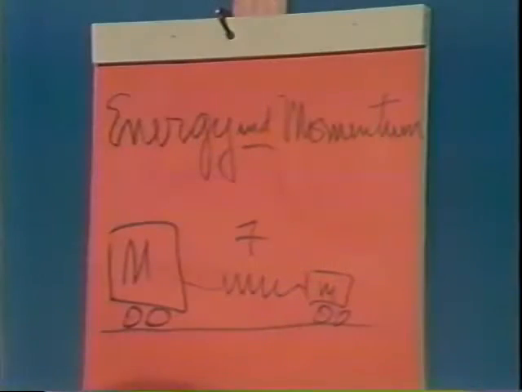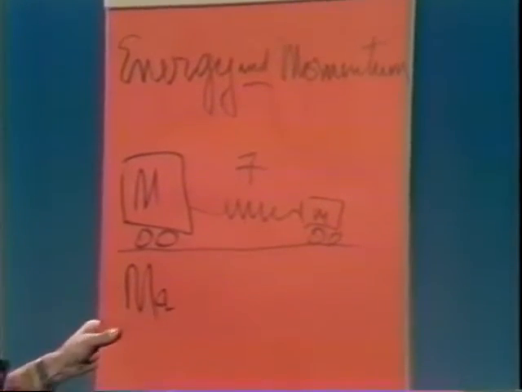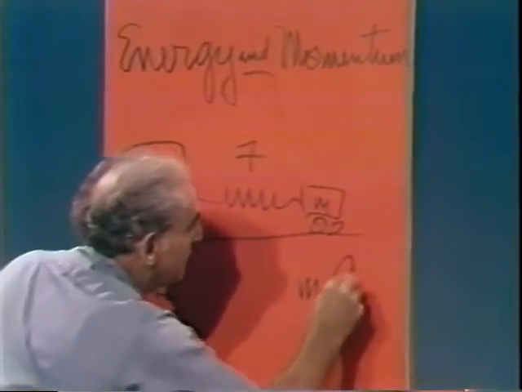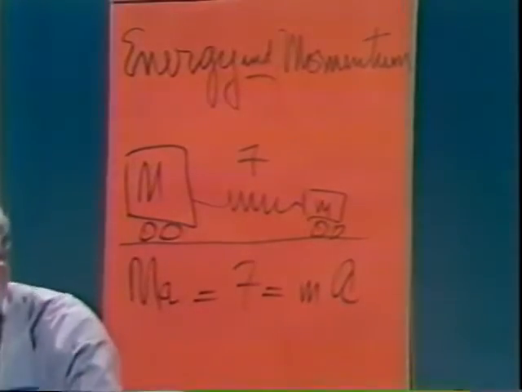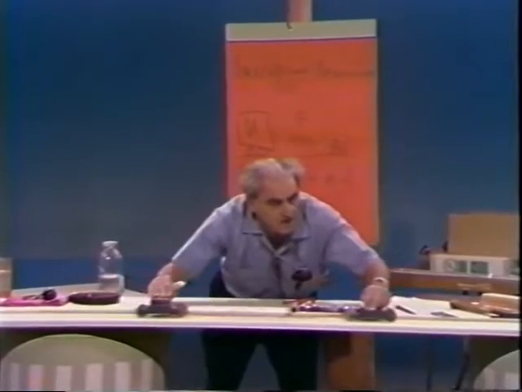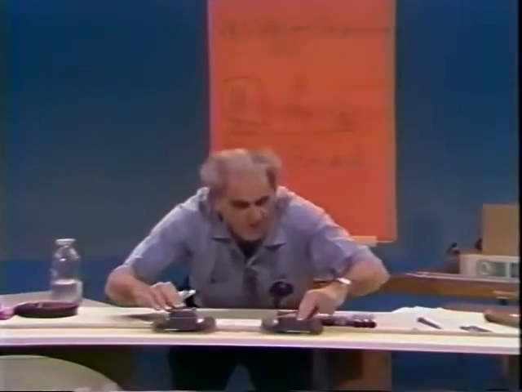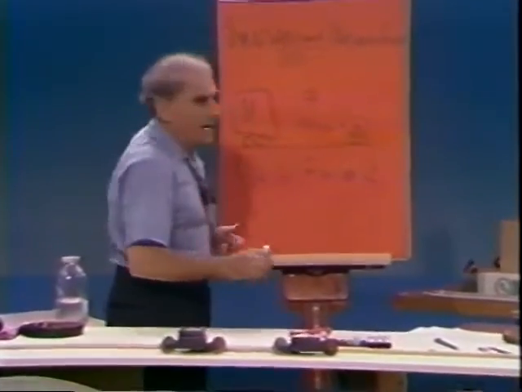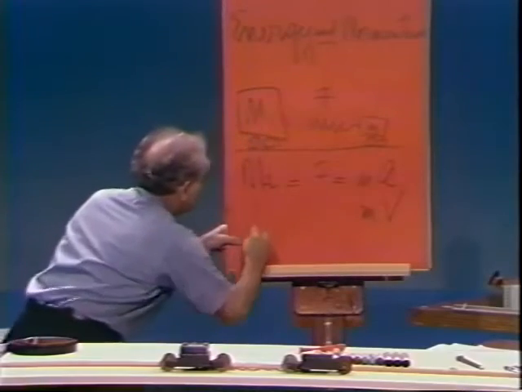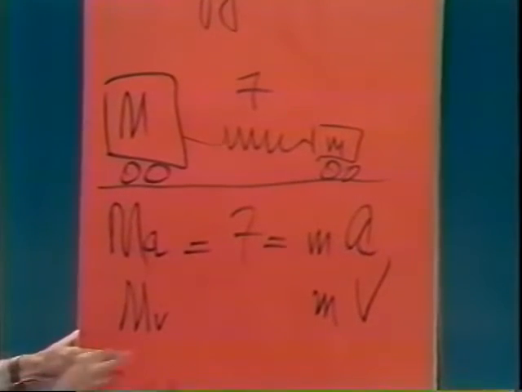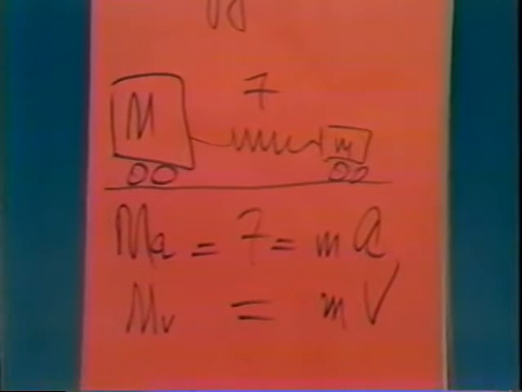Now, what did we learn before? We learned that the big car has a little acceleration and the little car a big acceleration because one and the same force acts on both cars. Now, we also saw on another occasion that the little car acquired the greater velocity and the bigger car the lesser velocity, and we call the product of m and v the momentum.